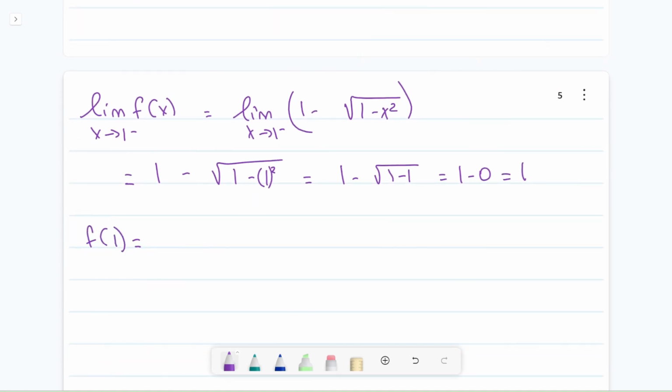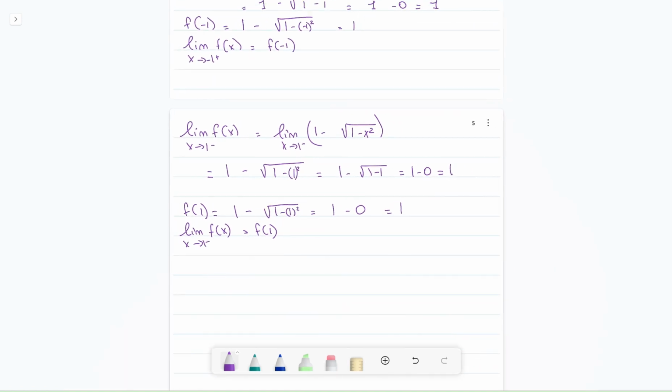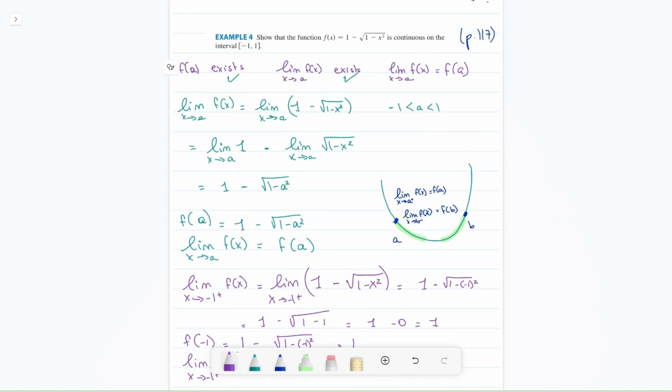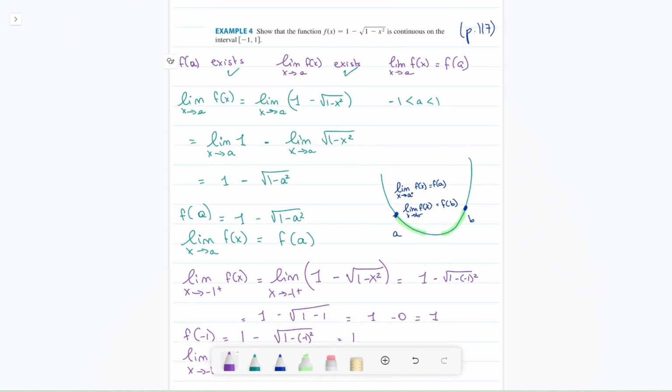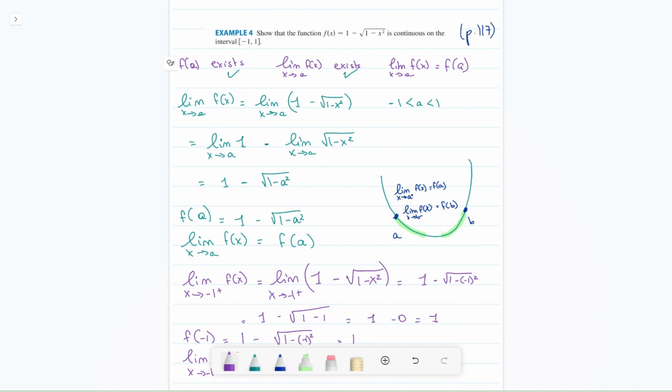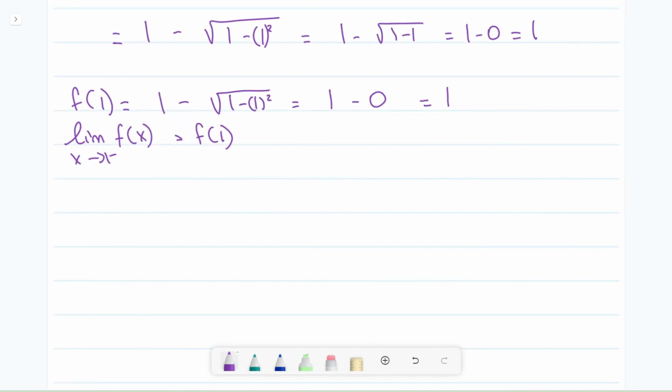Now let us find f of 1. F of 1 is 1 minus the square root of 1 minus 1 squared, which is equal to 1 minus 0, which is 1. So the limit of f of x as x approaches 1 from the left is equal to f of 1. So now we have dealt with both endpoints, and therefore we have proved that the function is continuous.